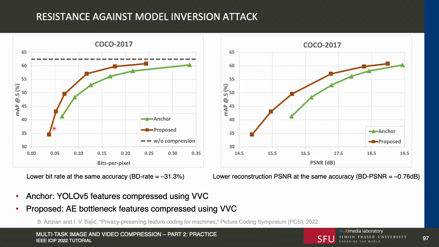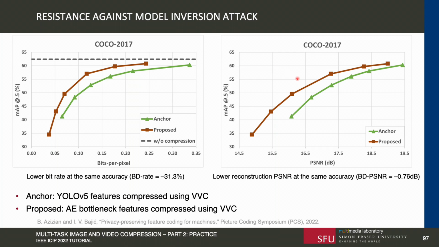So compression of the autoencoder's bottleneck features using VVC Intra. And we see that, as expected, there is a bitrate gain at the same detection accuracy, and that is in part due to the fact that the autoencoder's feature dimensionality is lower.